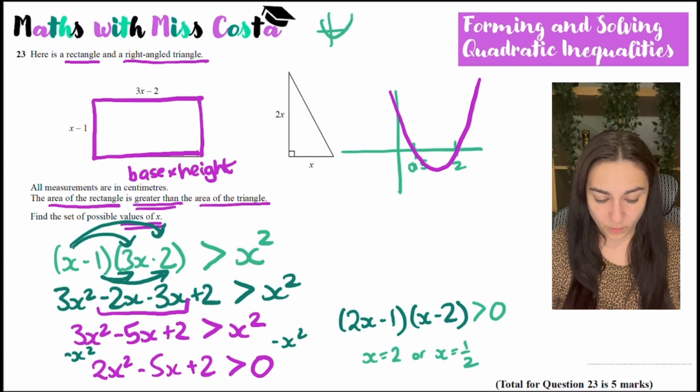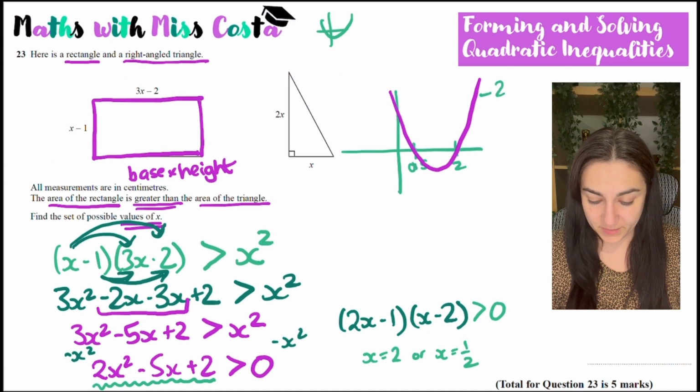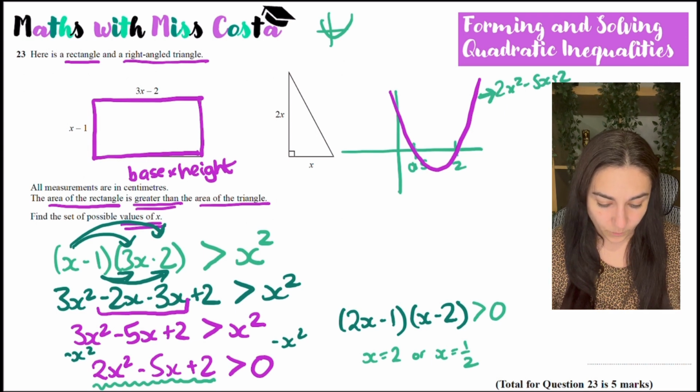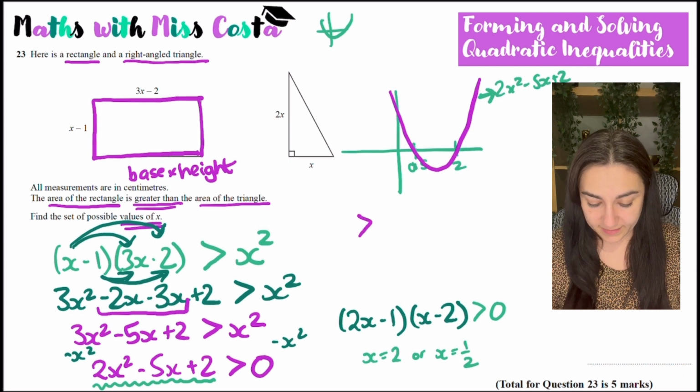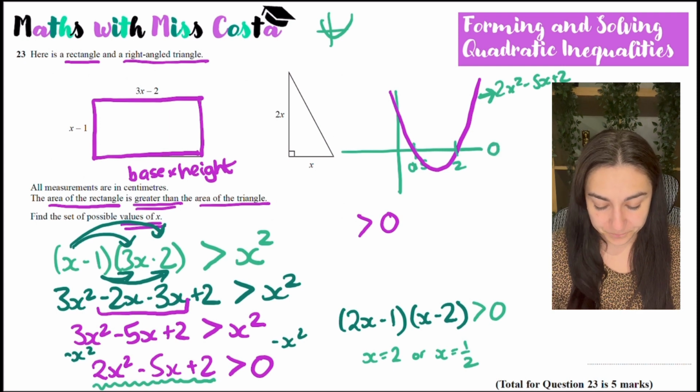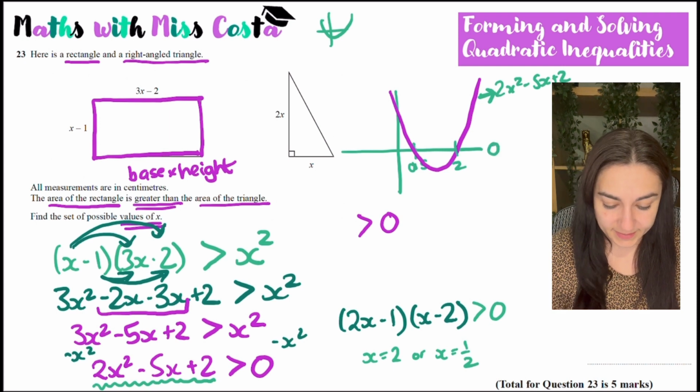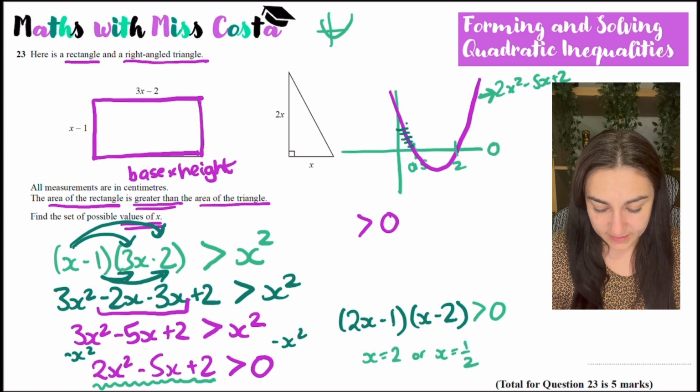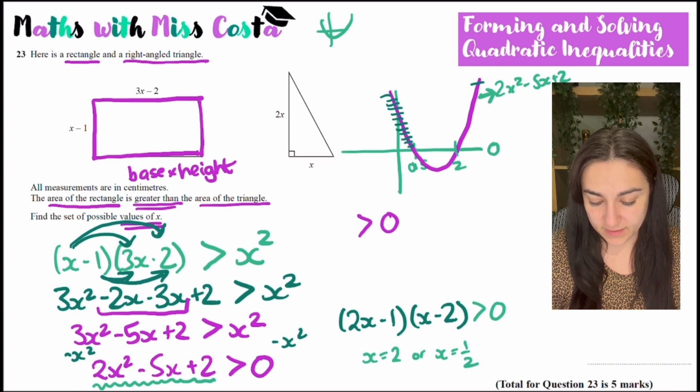Now, what do I want from this quadratic? Well, I want to find the areas where 2x squared minus 5x plus 2, which is this line here, the pink line, is greater than 0. And if this represents 0, then all of these potential values are what I'm interested in.